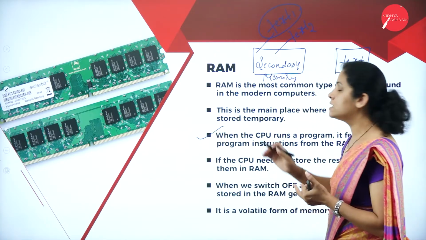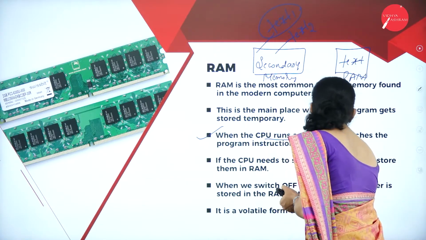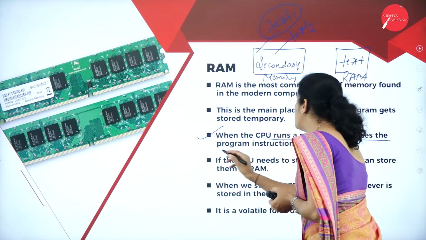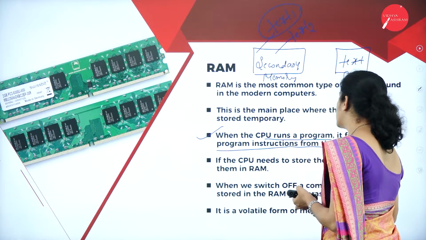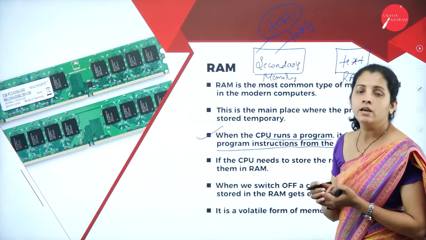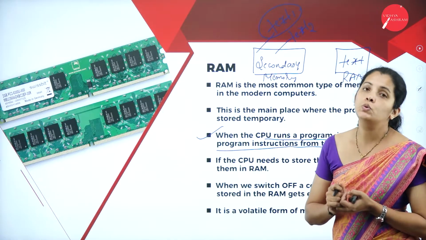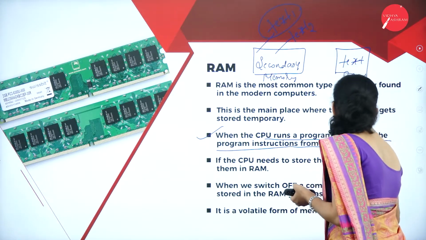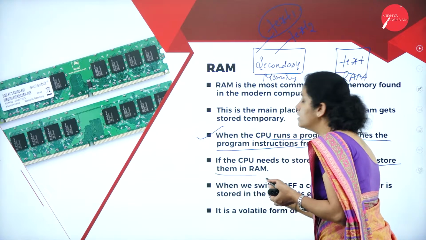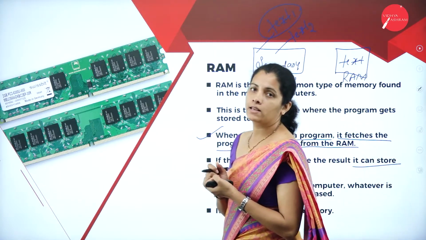That is, when the CPU runs a program, it fetches the program or instructions from the random access memory. And if the CPU wants to store an intermediate result, it can be stored in the random access memory.